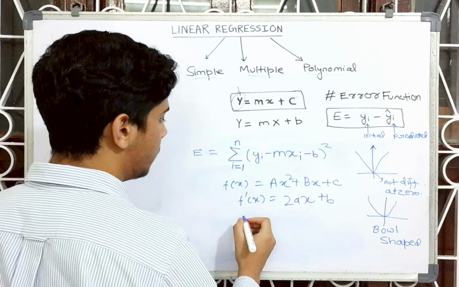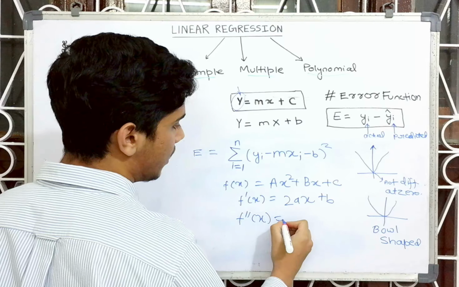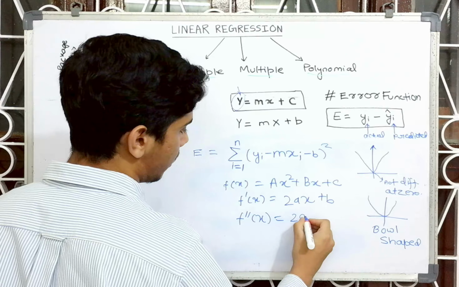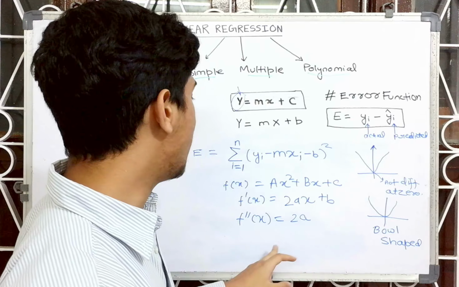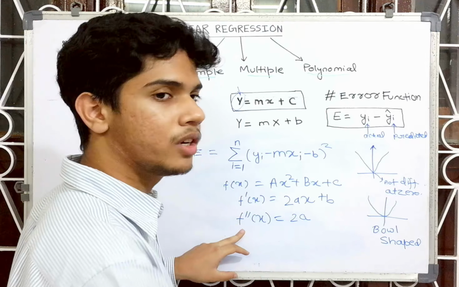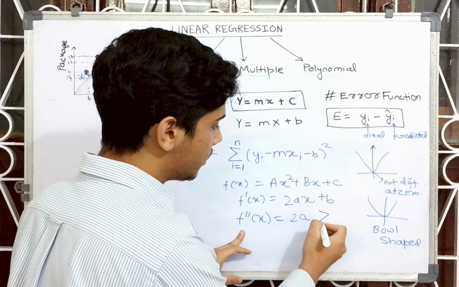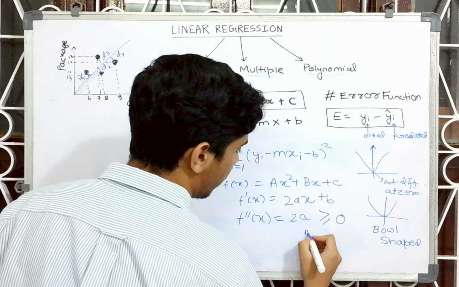And if we take the double differentiation of this, we will have 2a. For every a which is greater than 0, we will get double differentiation greater than or equal to 0. This is nothing but minima.